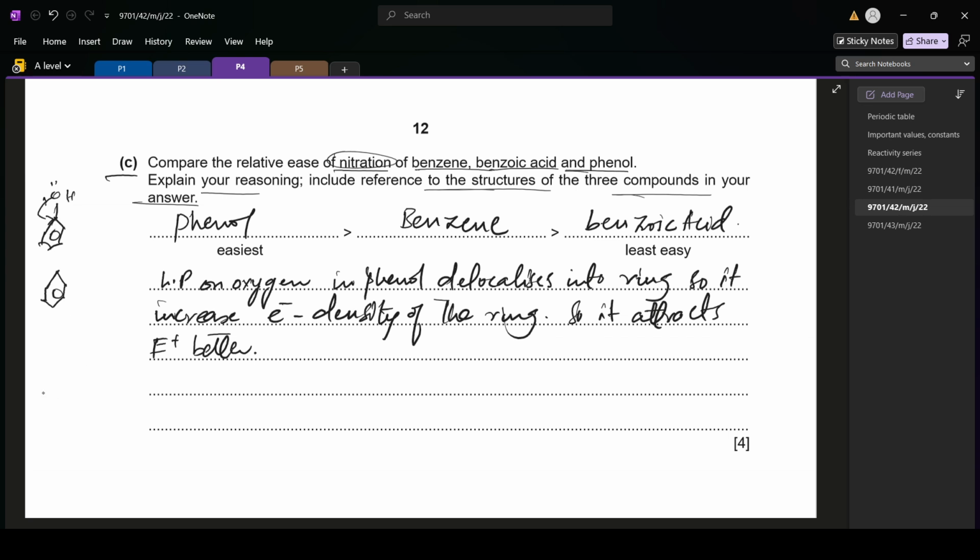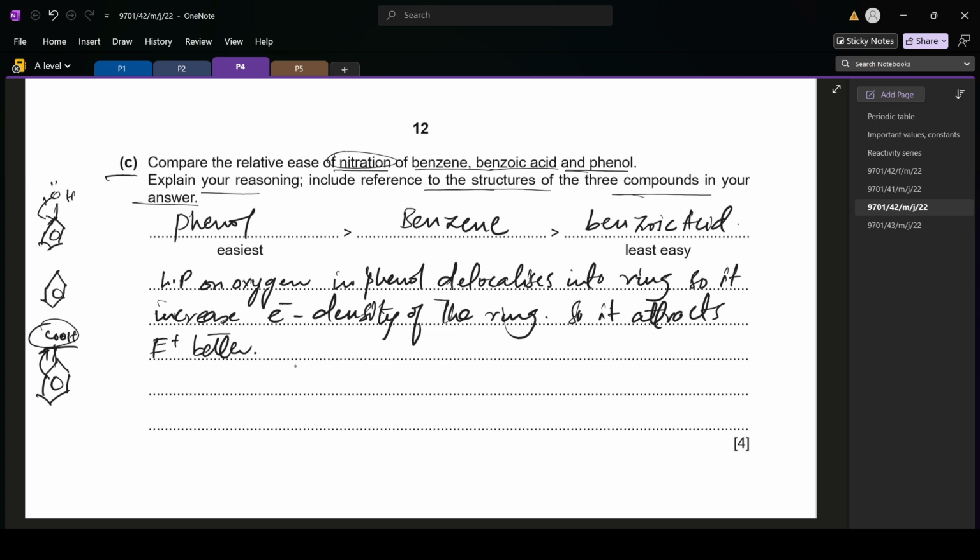Now, benzoic acid on the other hand: the COOH group is an electron withdrawing group, so it will take electron density from the ring, so the electron density on the ring will be decreased. So that's why it is less easy to nitrate benzoic acid than benzene.